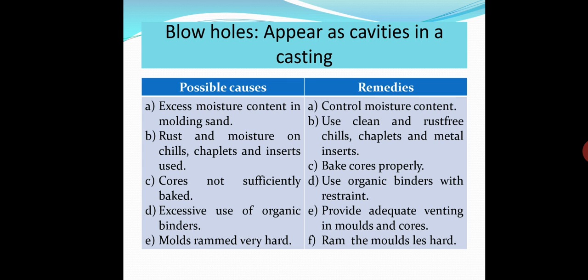For remedies, you have to control all these possible causes to avoid this defect. Accordingly, the remedies are to avoid excess moisture content, and use clean and rust-free chills, chaplets and metal inserts. The core must be baked properly.